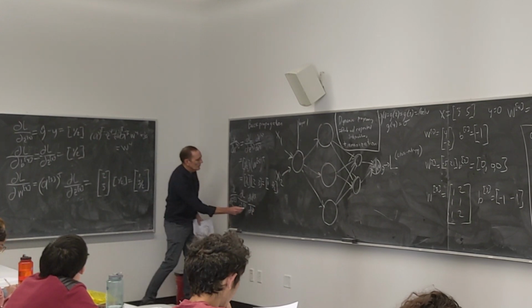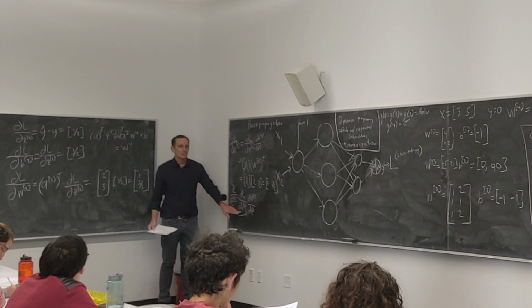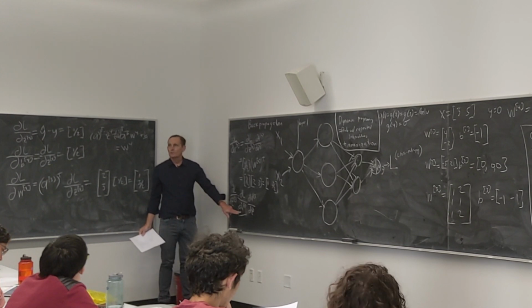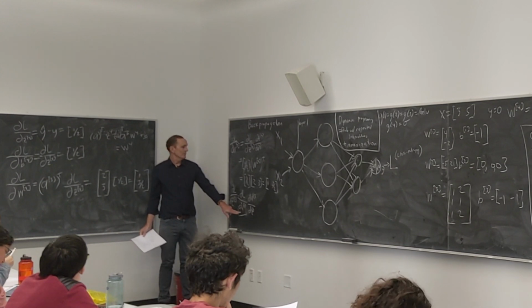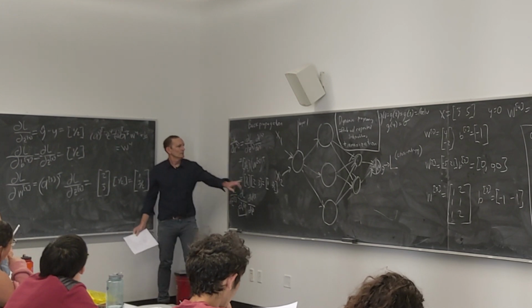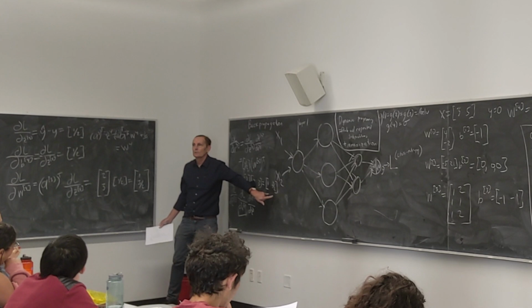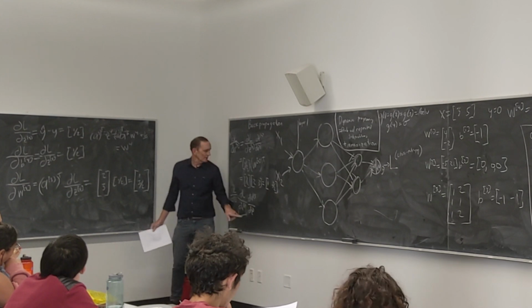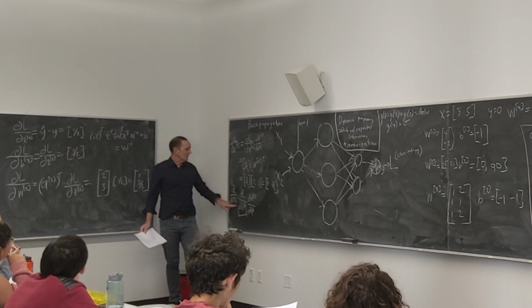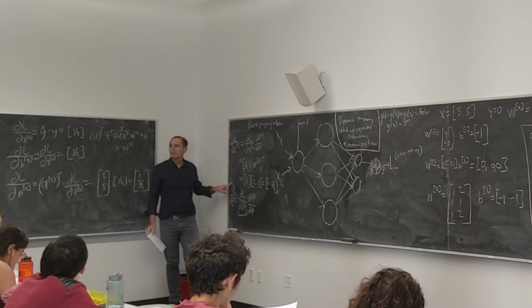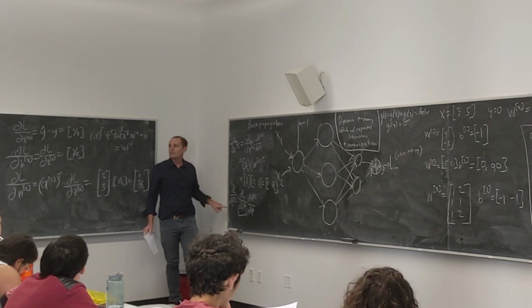And here, what's the shape of this? A3. The loss with respect to A3. Shape is 1 by 2. What do we want this to end up? What's the shape of this? So loss with respect to Z3.